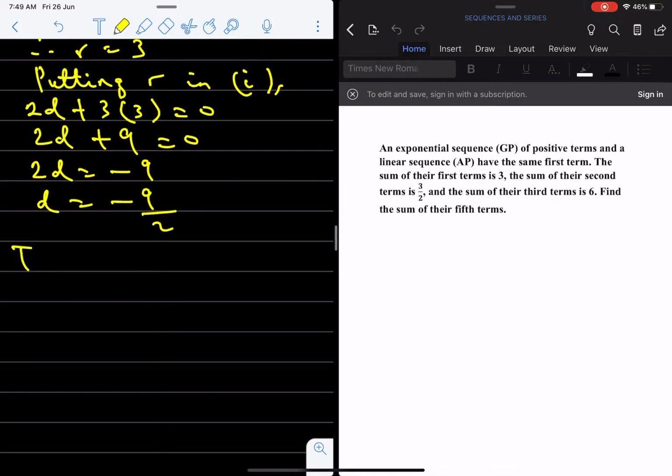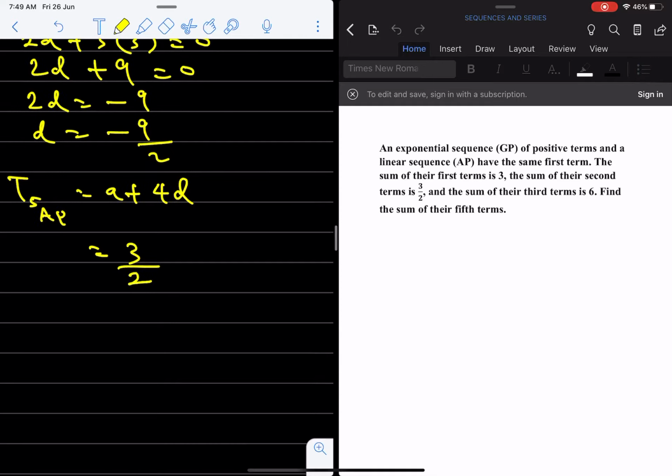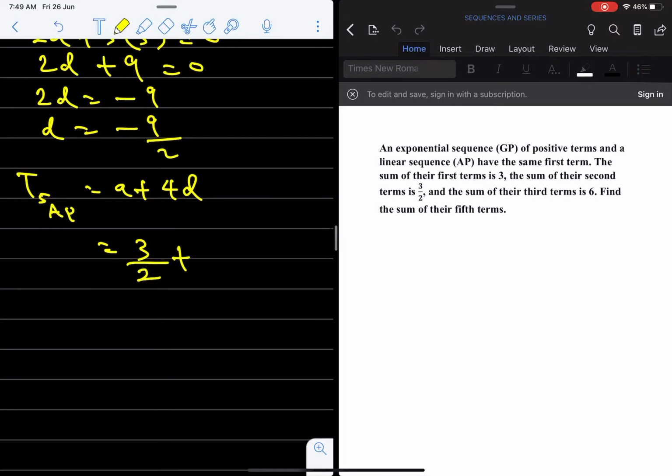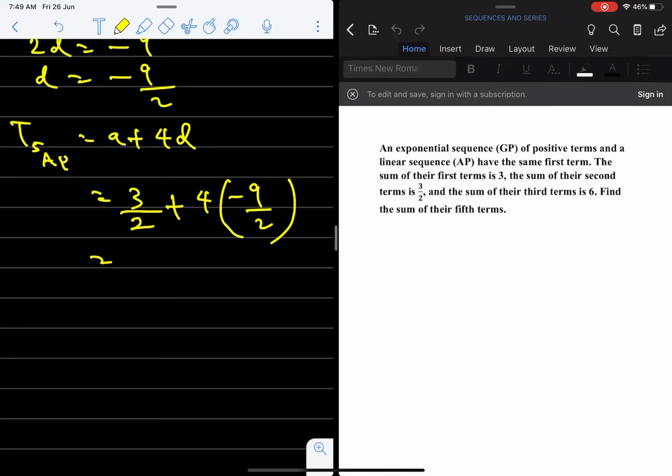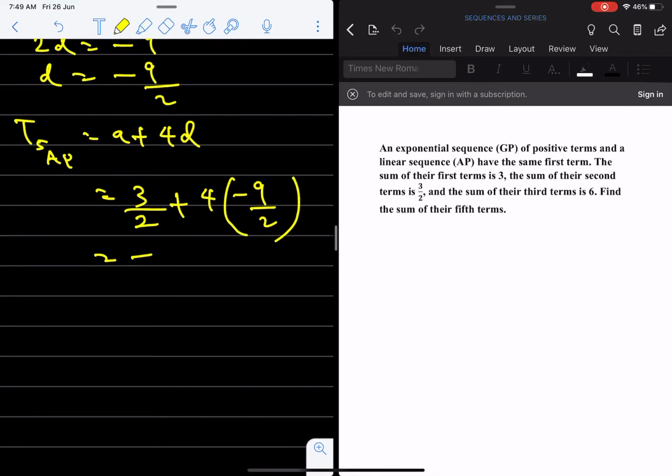Now I can find the fifth term of the AP. That means T5 of the AP, which is A plus 4D, and we found A to be 3 over 2. A plus 4 times minus 9 over 2 is 3 over 2 minus 36 over 2, which is minus 33 over 2.